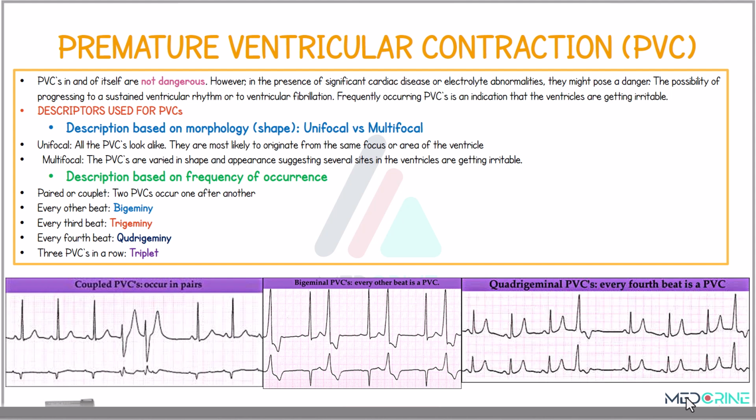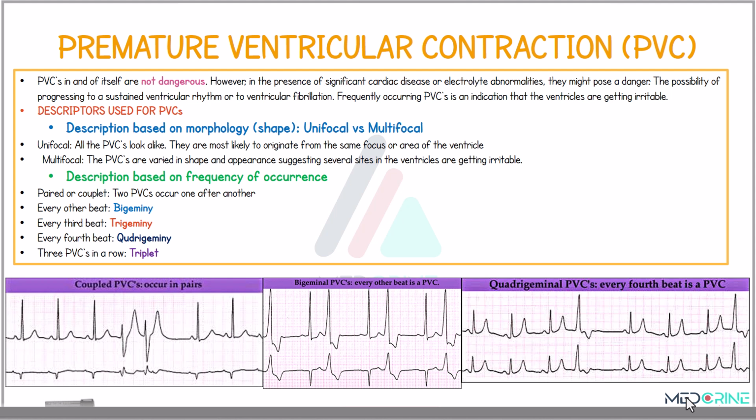Premature ventricular contractions are by themselves not dangerous. However, when they occur in the presence of a significant cardiac disease or electrolyte abnormalities, for example, hyperkalemia, hypokalemia or magnesium electrolyte disorders, they might pose a danger to the patient.